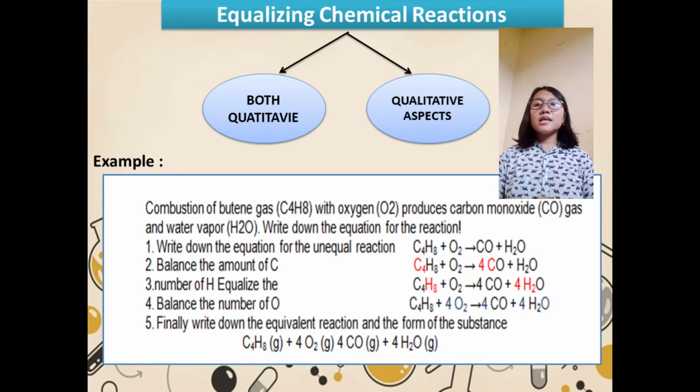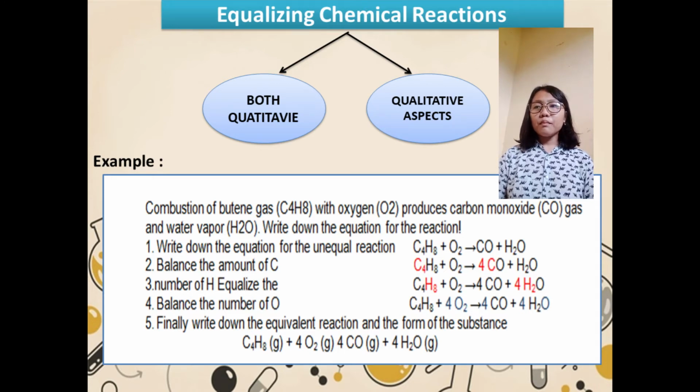1 mole is the amount of substance that contains as many particles as the atoms contained in 12 grams of carbon-12, that is 6.023 multiplied by 10 to the power of 23.